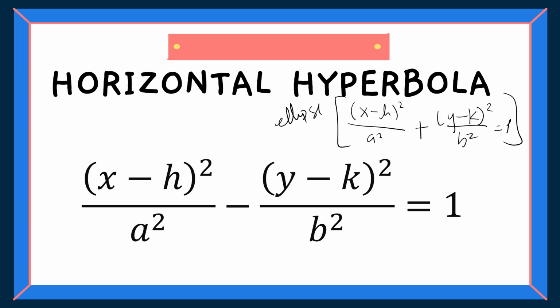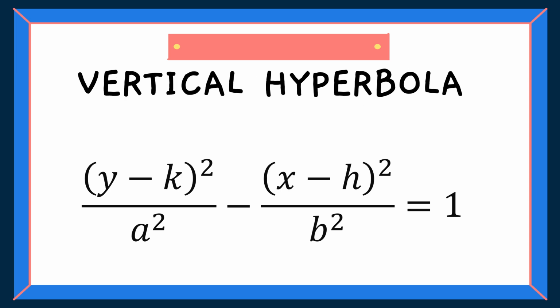But when it comes to the vertical hyperbola, the numerator changes. Still, a squared should be on the first term and b squared on the second term. So if your vertical hyperbola is shown as an equation, the standard equation should have y as your first term.